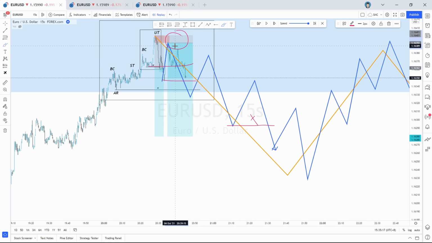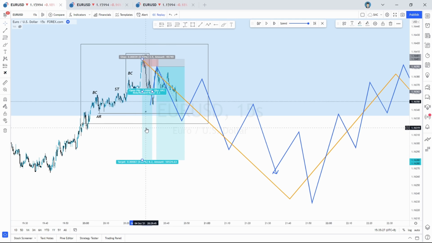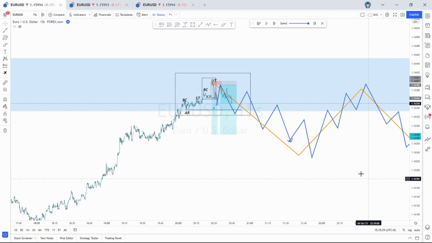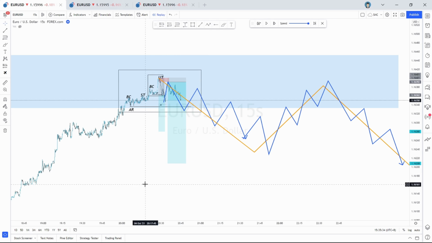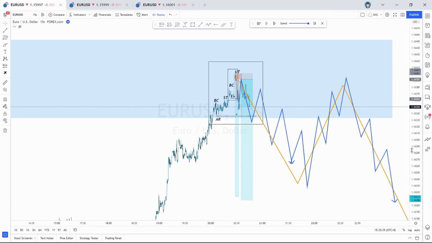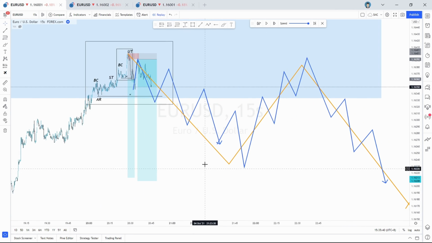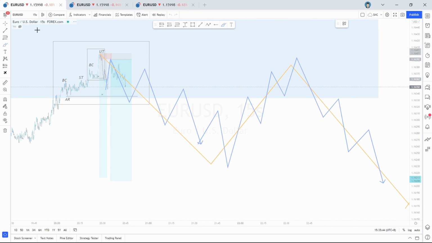Then I moved the other entry to here, and I wasn't partialing because I wanted to try it out. So this one is already up 3-1, and this one is BE. I think my TP was here, so it was very close. This was my TP.